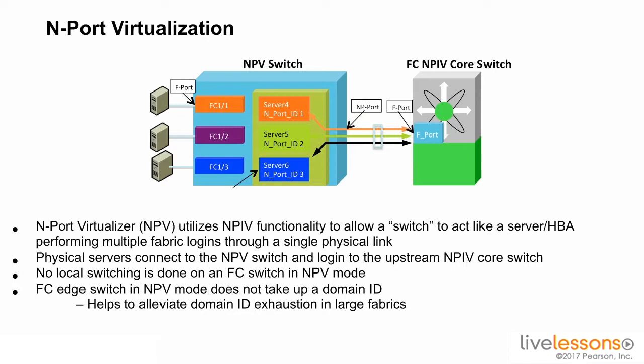So again, if I have servers connected to an NPV switch, as those servers log into the network, those logins are proxied to an NPIV switch, which actually logs them into the network on that switch. To the NPIV switch, the NPV switch actually looks like a VMware host that may have multiple servers sitting behind it. All of your zoning and configuration will be done on the NPIV core switch.